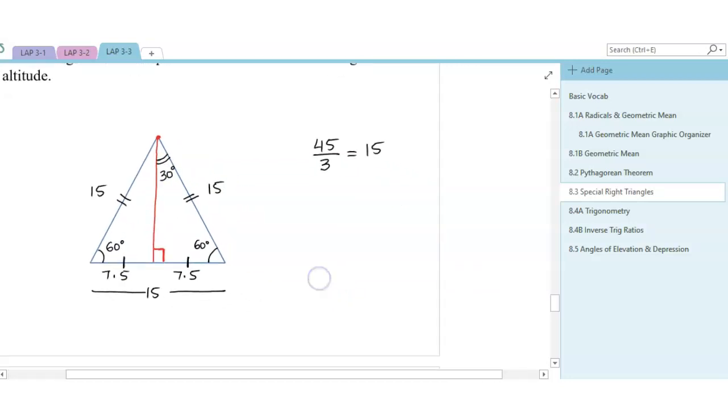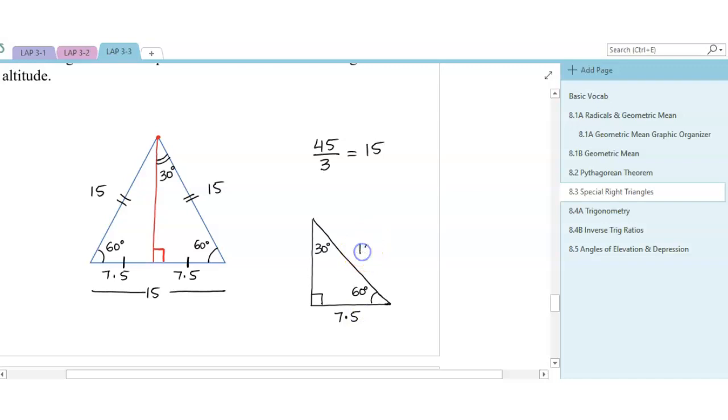And so what I'm looking at is a 30, 60, 90 triangle. I'm going to go ahead and draw it out separately so you guys can see the bigger picture, or the smaller one in this case, with this being 60 degrees, this being 90, and this one being 30. So realize that the side opposite this 30 degrees is 7.5.